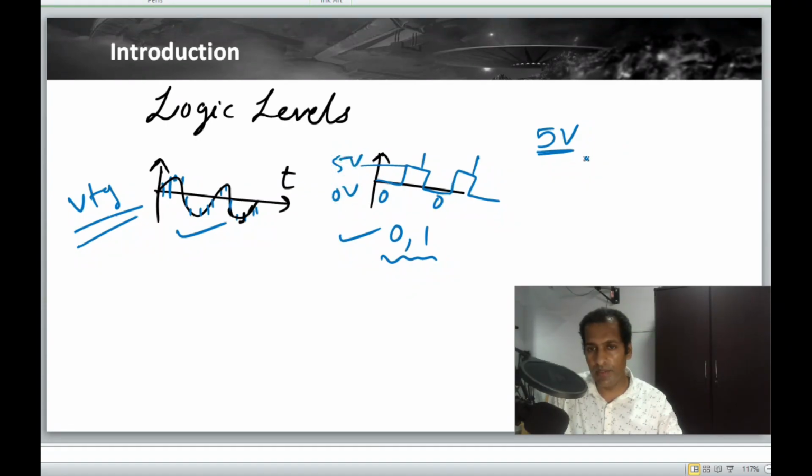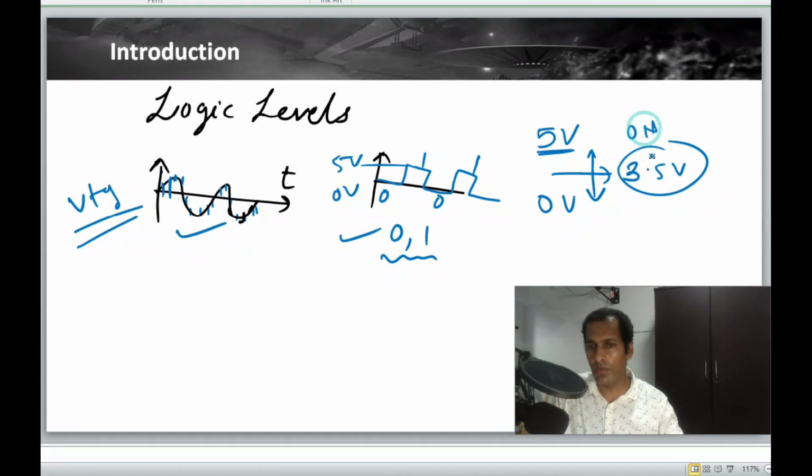We may get some intermediate value between 0 volt and 5 volt. Then what if I get some value around 3.5 volt? Should I consider it on, or off, or 1, or 0? 0 and 1 we can call in different ways.